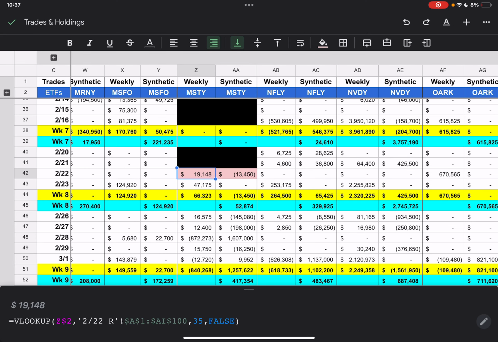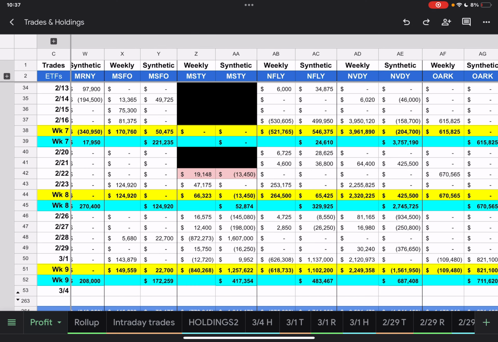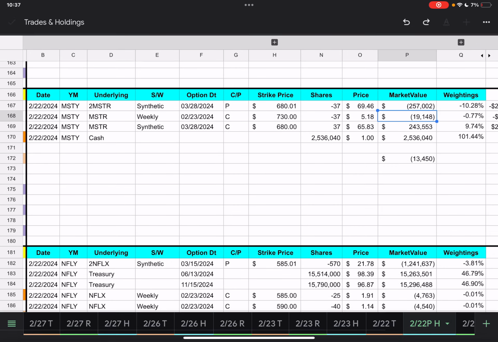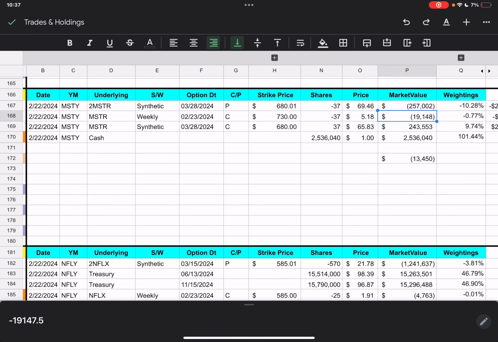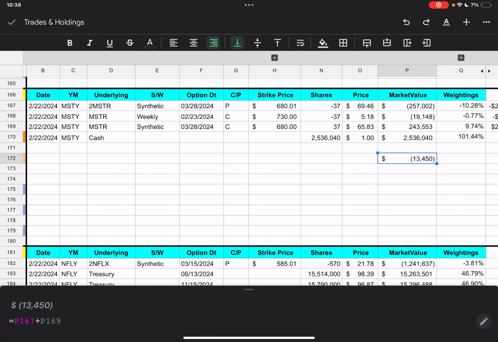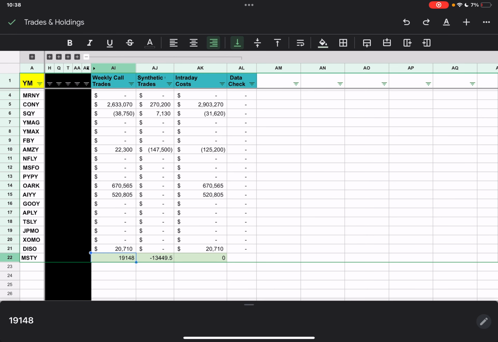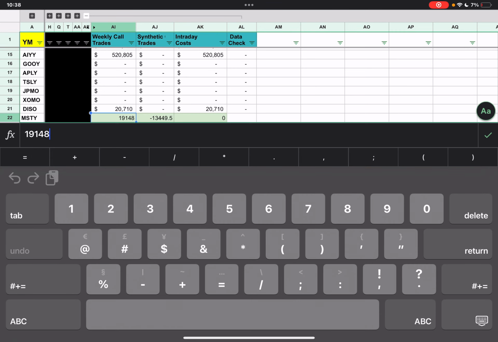So actually I do have that entered in wrong, don't I? Because on the 22nd, this market value is negative, and the sum of those are negative. So when I hard typed that in on my roll-up, I forgot the negative for this one. So that's a good thing we checked, right?